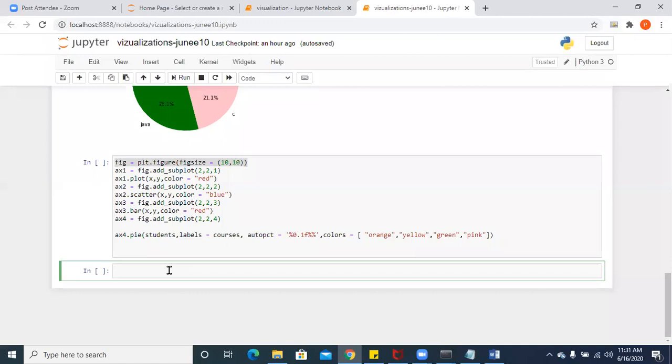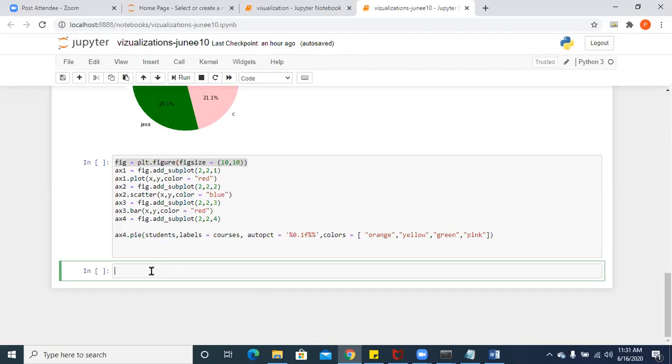Seaborn has many example data sets, as I have already told you, and we can make use of those to see these kinds of visualizations. Let's work with the tips data set.